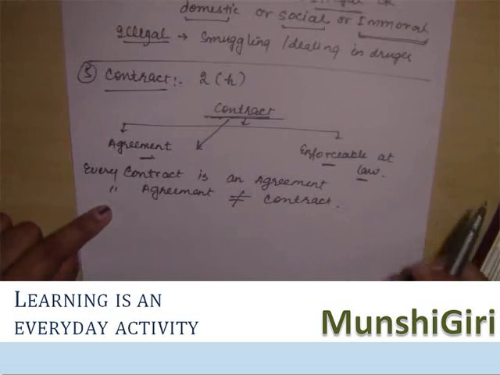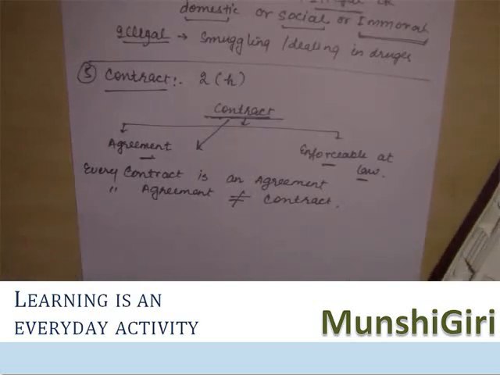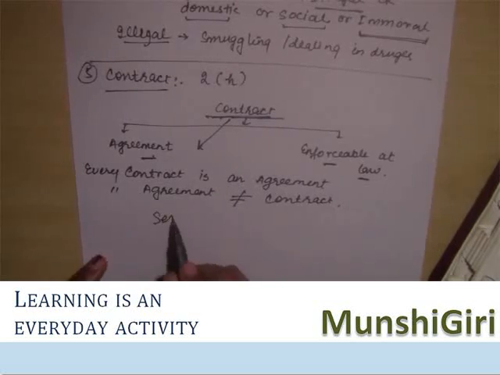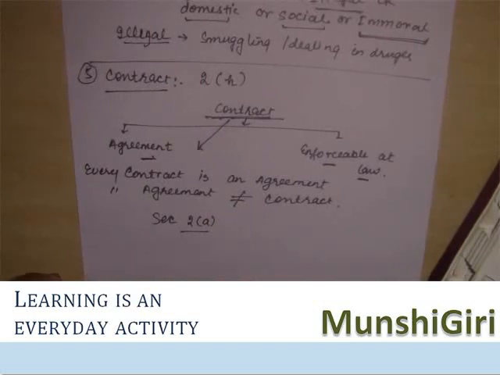Let's do a quick recap of what we have learned today. The Indian Contract Act came into force on 1st September 1872 and extends to the whole of India except the state of Jammu and Kashmir. Then we talked about certain definitions, starting with offer. Offer was section 2A, which was a proposal by one party to another in order to obtain the assent of the other party.